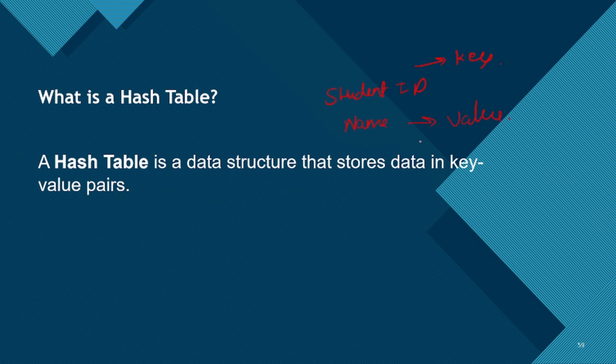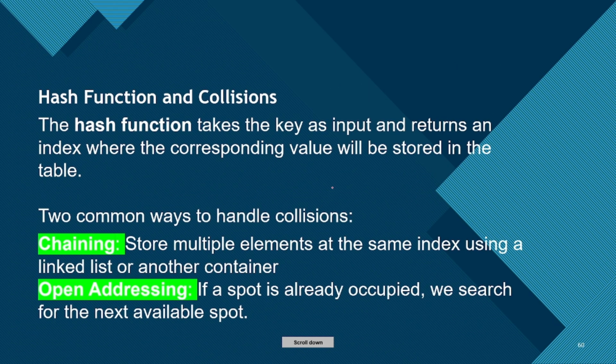In a hash table, the key is transformed into an index using a hash function. This index then maps to a specific location in the table where the value is stored. The next topic is the hash function and collision. The hash function takes the key as input and returns an index where the corresponding value will be stored in the table.